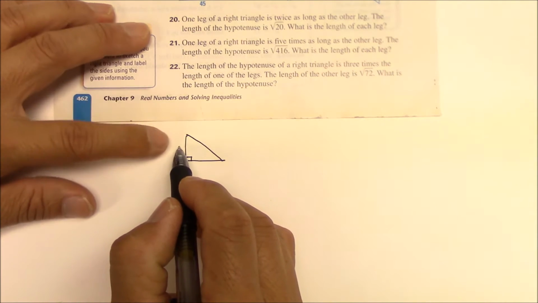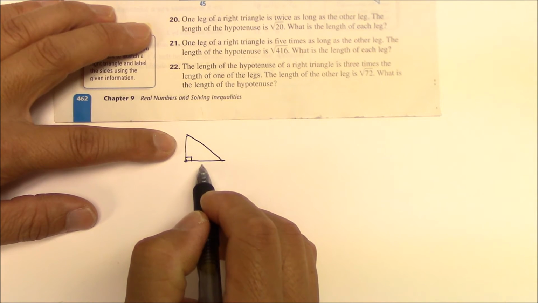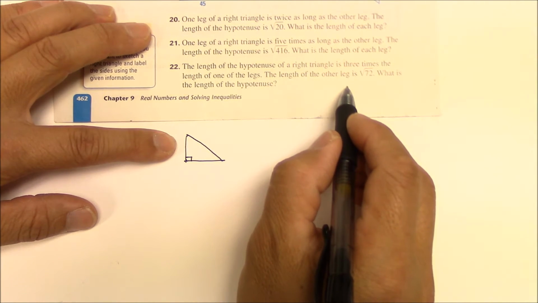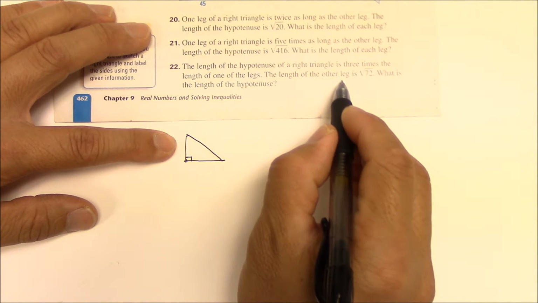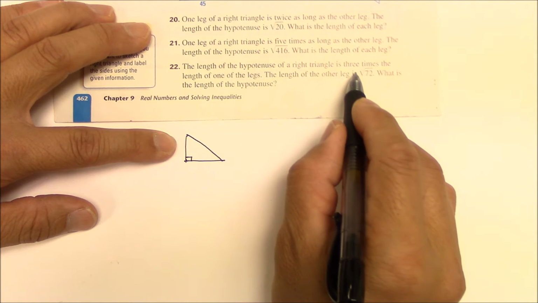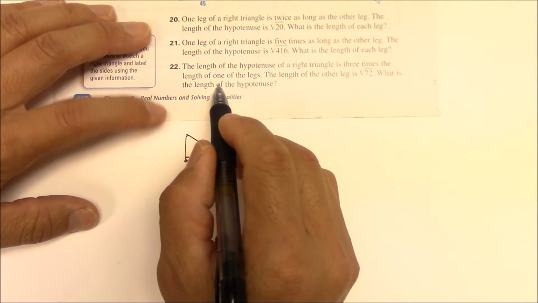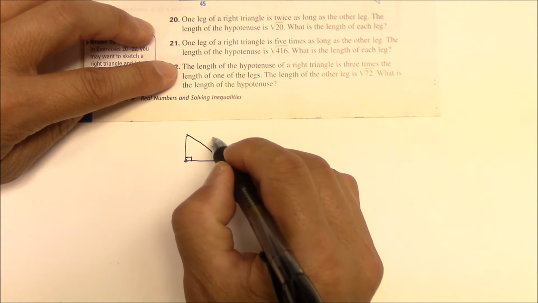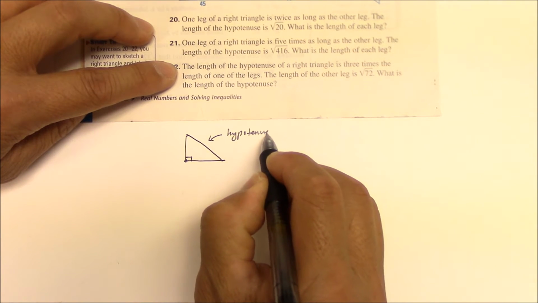Okay, here's one of the legs. And whatever this is, 3 times that one. Let's just call it that. And the length of the other leg, what? That's the hypotenuse.